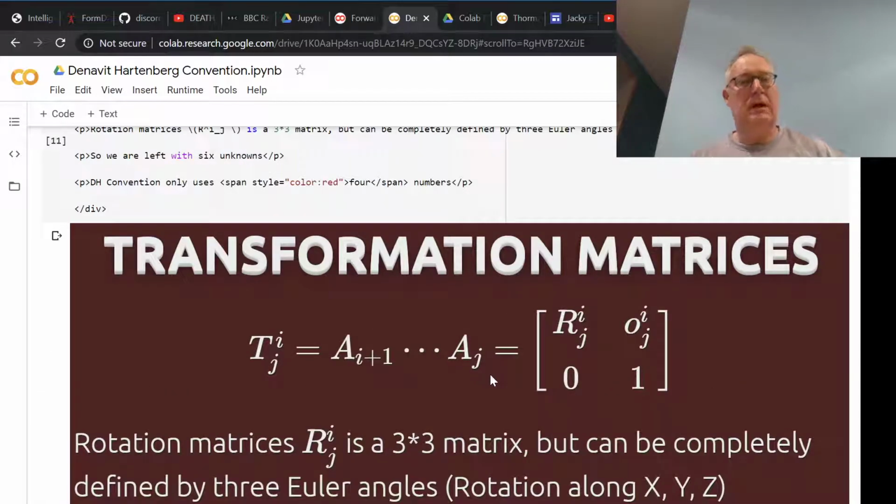That means that's not magic, right? We cannot make up numbers, but we have to put in some constraints about the relative position where the coordinate systems are attached to the link.